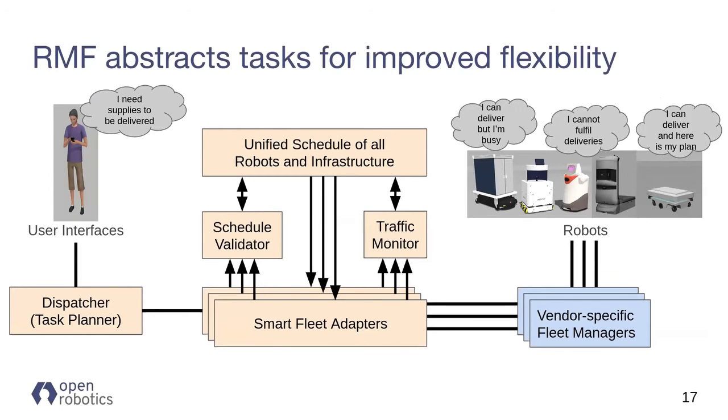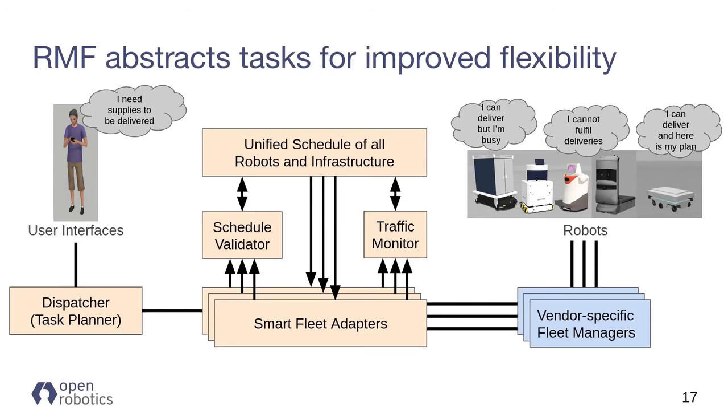Yeah, so what RMF does is that it will abstract the tasks for improved flexibility. From the user's perspective, there's a web panel where they select the task, it gets to the dispatcher, and the robot will do it, right?